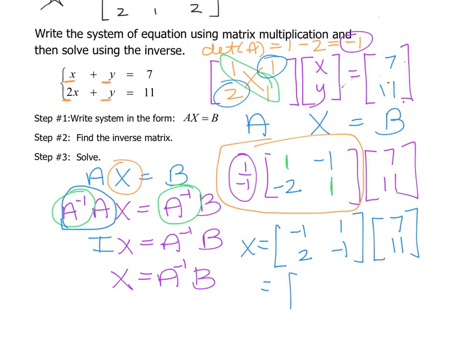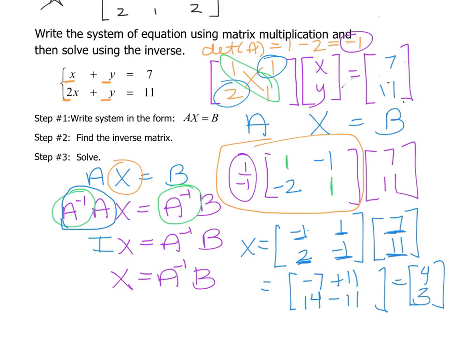So if I multiply those two, I'm going to have negative 1 times 7, that's negative 7, plus 1 times 11, so it's negative 7 plus 11. So my x value is going to be 4. And then I have 2 times 7, that's 14, plus negative 1 times 11, so that's minus 11, that's going to be 3. So my x is 4 and my y is 3.